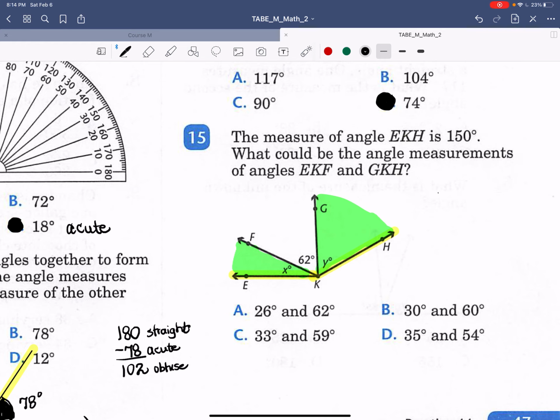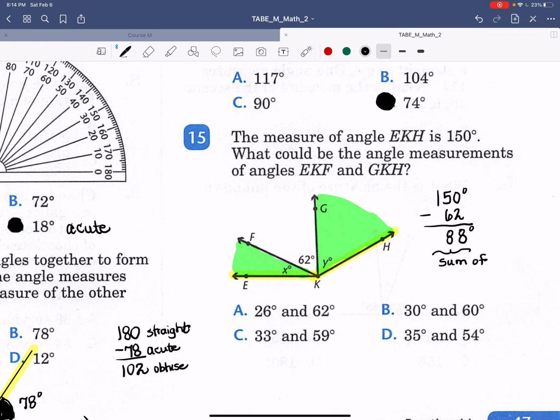So I'm going to take the 150 and I'm going to minus the 62 that's in the middle. Let me check that, something doesn't look right. 150 minus 62, yes. So we are looking for two angles that sum up to 88.